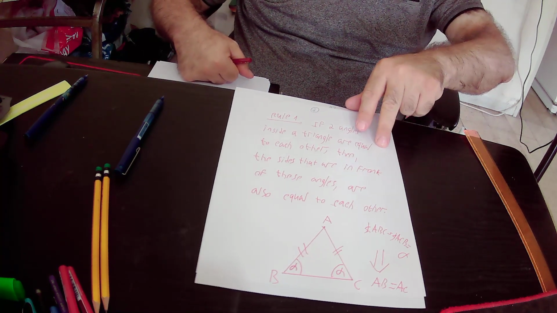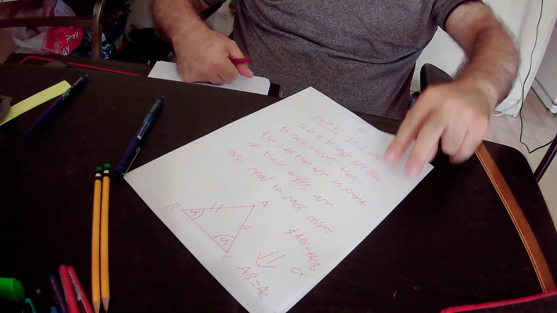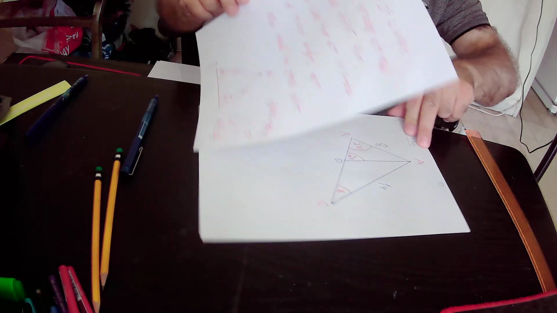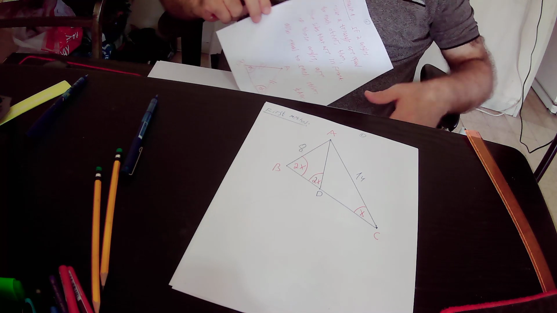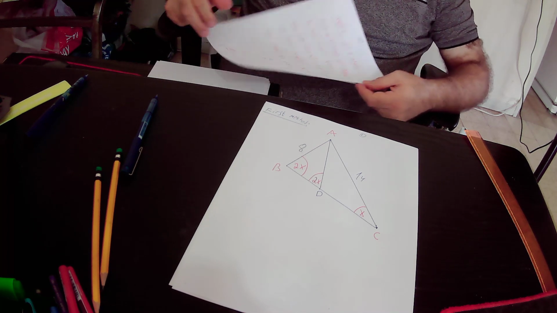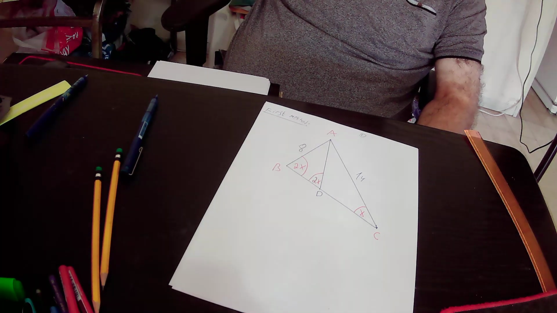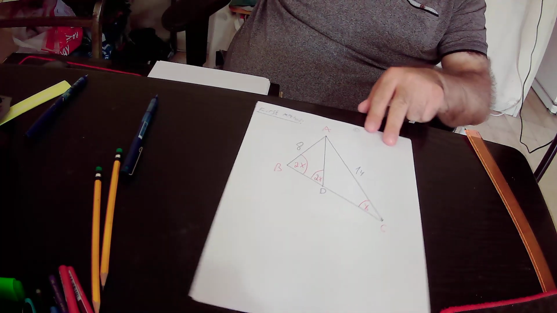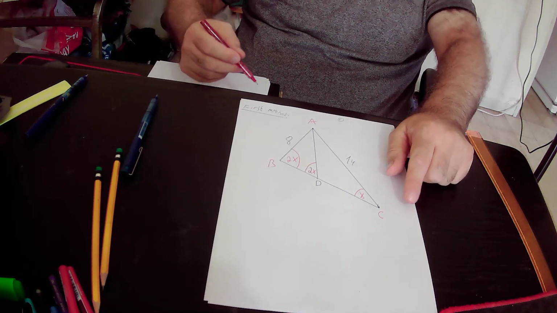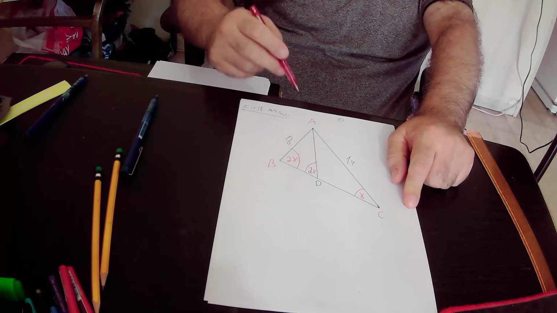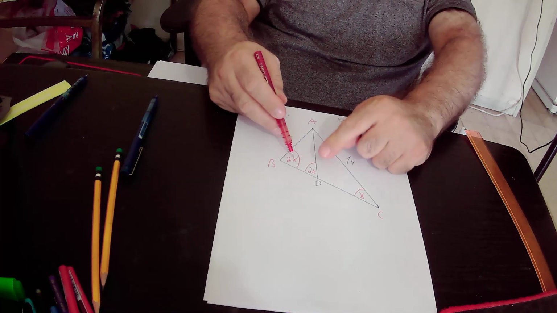So we can implement rule number 1 in our triangle, because in triangle ABD we have two angles that are equal to each other.